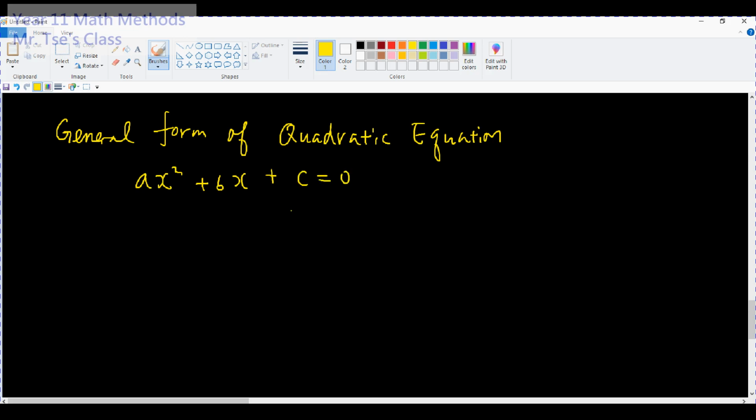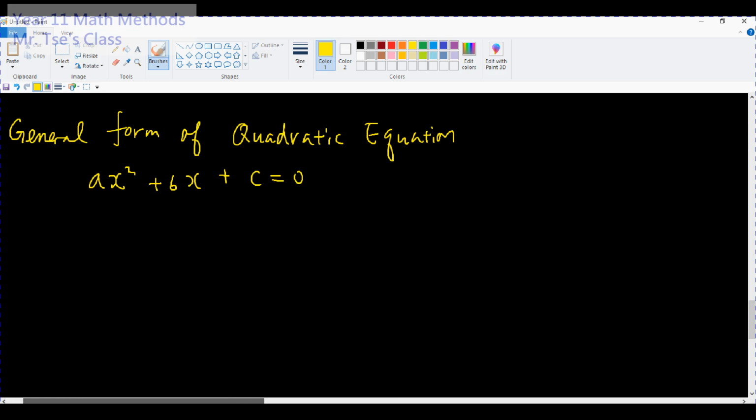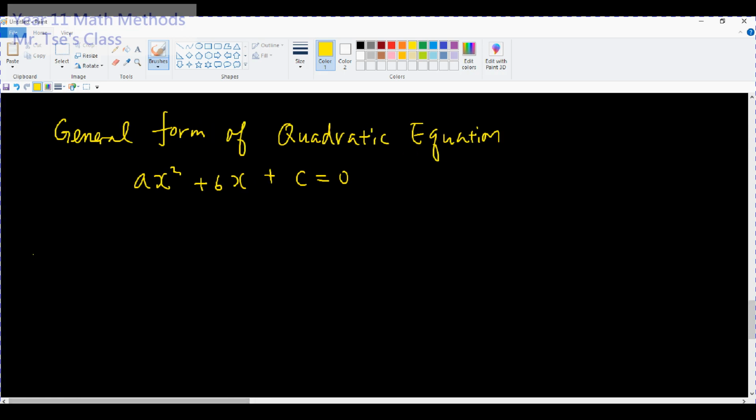Remember, for the general form, all terms should be on the left-hand side, with 0 on the right-hand side, and you must start with the x squared term, then the x term, and then the last one is the constant. The quadratic formula is a formula to get the solution of that quadratic equation.